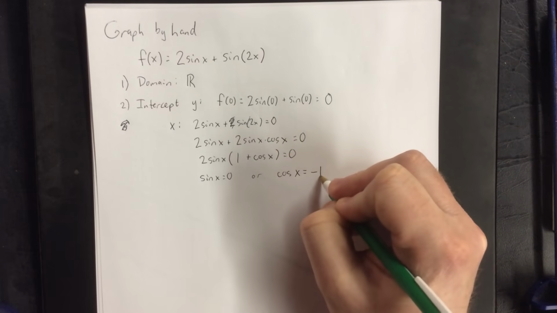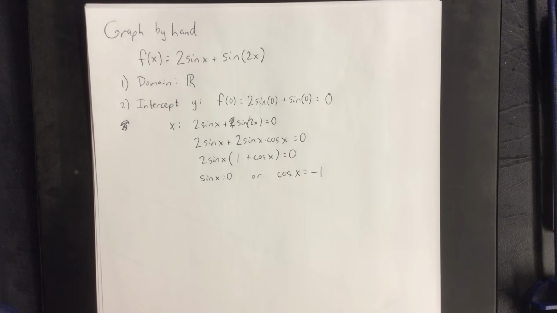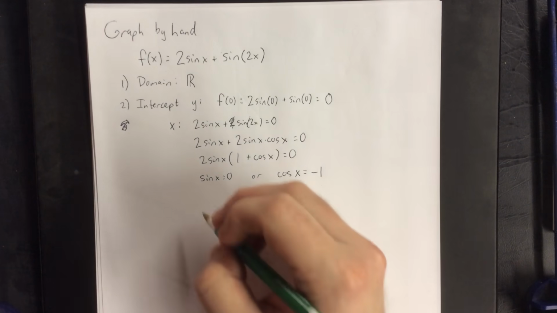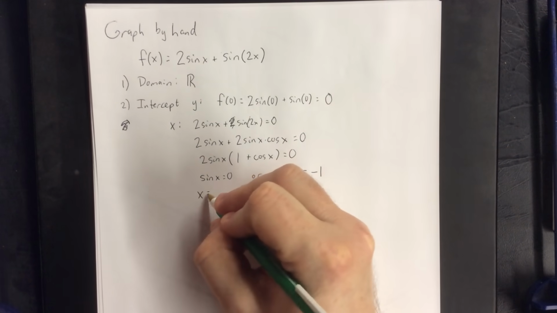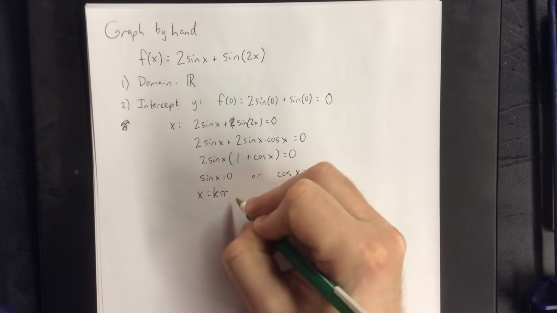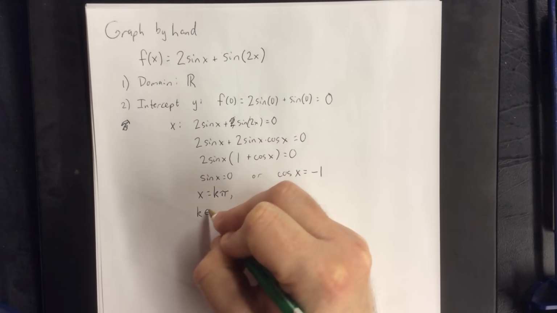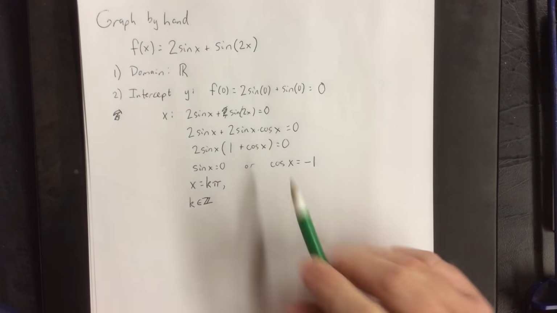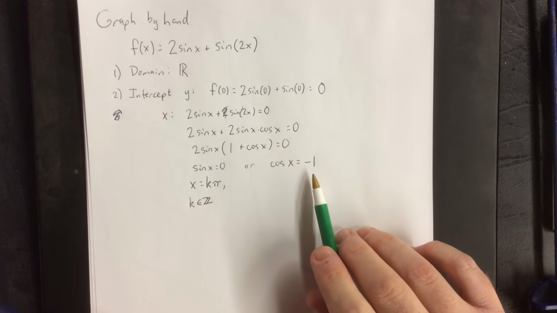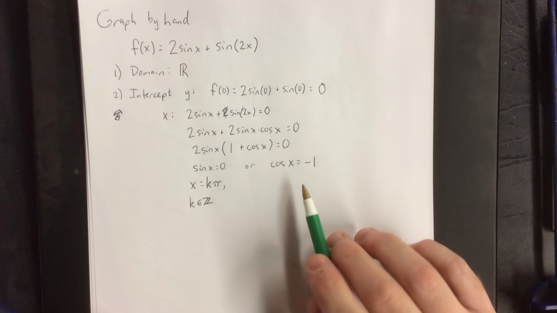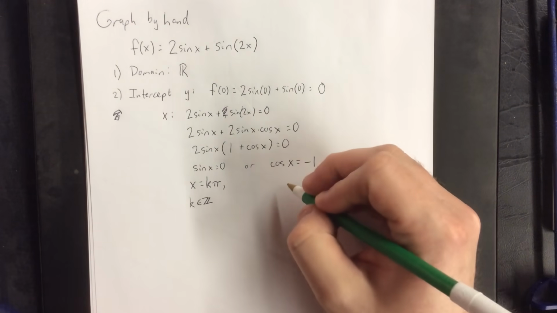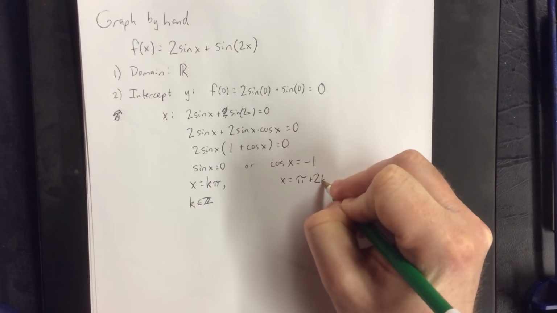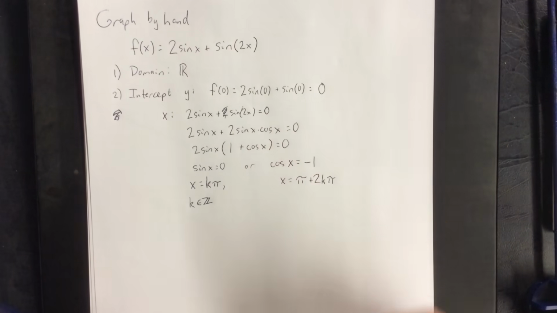So this tells me that either the sine of x is equal to 0, or the cosine of x is equal to -1. Now the most general solution for this one, this occurs at x equals 0, pi, 2 pi, 3 pi, 4 pi, etc. Or more generally, we can refer to that as k pi, where k is any integer value. For the cosine of x being equal to -1, this will only occur at pi, 3 pi, 5 pi, 7 pi, etc. Or more simply, this will be at pi plus 2k pi, where again, k represents any integer.